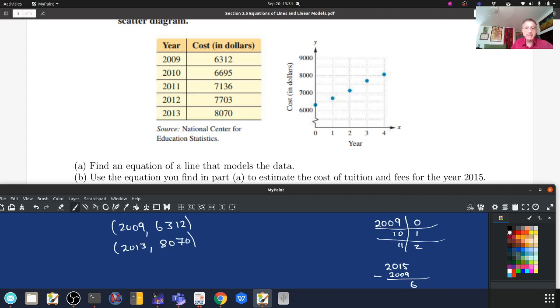And you're going to find the exact same slope, but then you would have to plug in the value for x is 2015, and that's a larger number, and it's going to be a larger calculation. It'll turn out to be the same, but we're going to do it an easier way. Instead of 2009, we're going to pretend like 2009 is just our start year, and our first point is going to be (0, 6312). And our last point here, x value is 4, is going to be 8070.